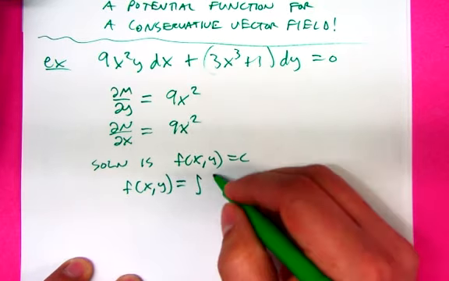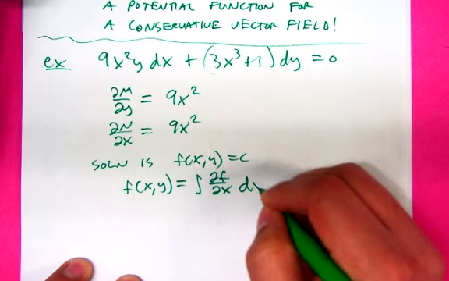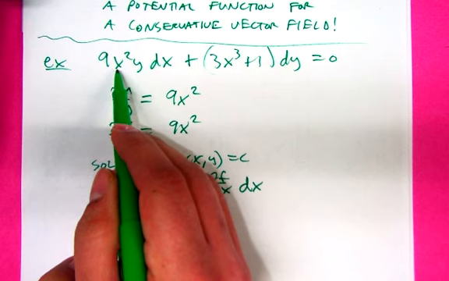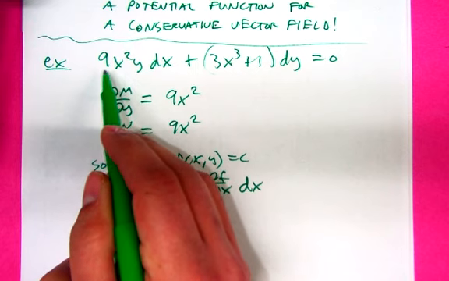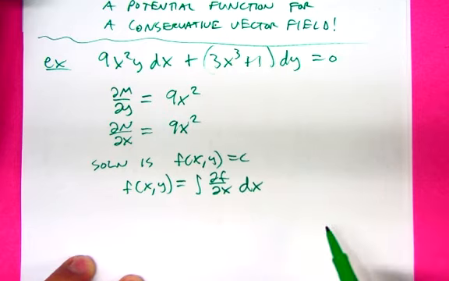I'll take partial f partial x dx, because this term was the partial derivative with respect to x. So if we go backwards and integrate, then we'll have an idea of what this function had to have been.